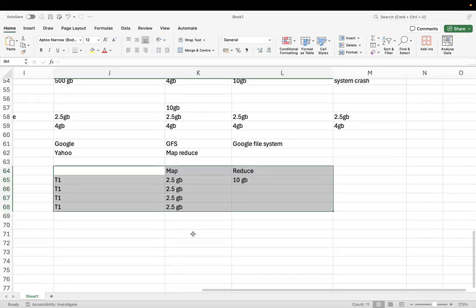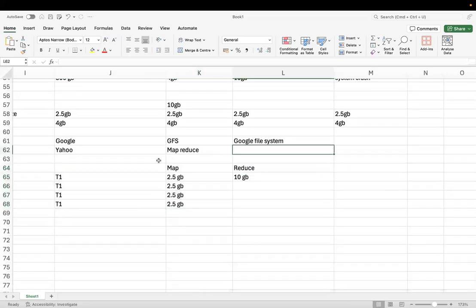Yahoo proposed this, but they didn't actually work on the MapReduce implementation. They just provided a theory. After some years, Apache came up with something called Hadoop, and they integrated the MapReduce concept within Hadoop.